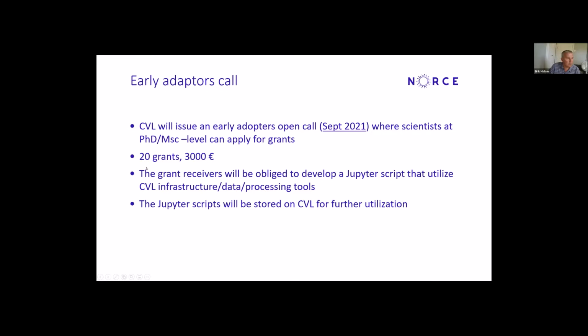So we will provide 20 grants for 3,000 euros each, where typically master or PhD students can apply for a grant, and then they are obliged to implement a Jupyter script that is run on the CVL infrastructure. And at the end, we hope that they can share the scripts with the rest of the community.